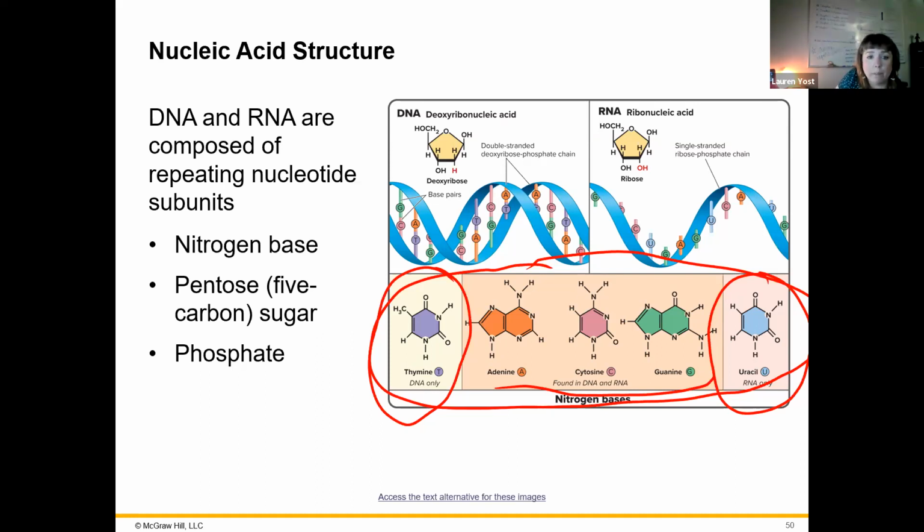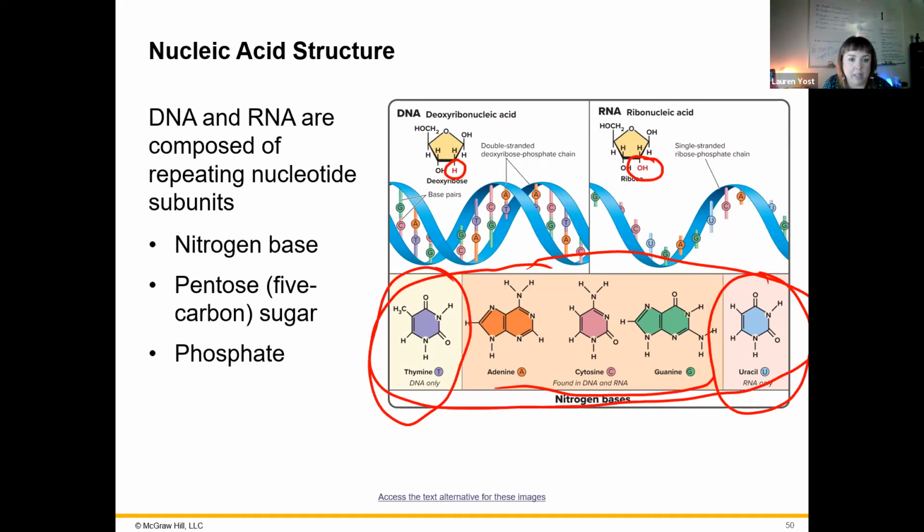When you look at the sugar here, this is ribose. This is deoxyribose. You see why it's called deoxy now? Because we literally take the oxygen out. They're similar sugars. It's just one of them doesn't have oxygen there. Deoxyribose and ribose are the 5-carbon sugar, the pentose.